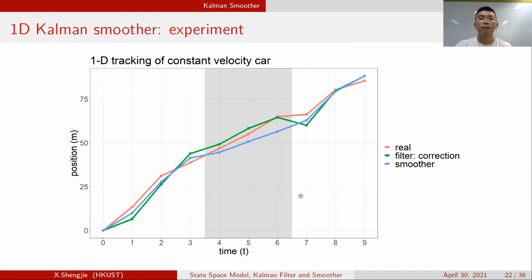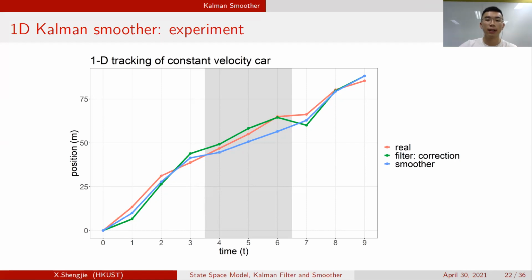So here I will give you the same example as before, the car driving through a tunnel. But right now, I will show you the performance of the smoother. The red one is still the real position. The green one is the Kalman filter. And the blue one is the Kalman smoother.